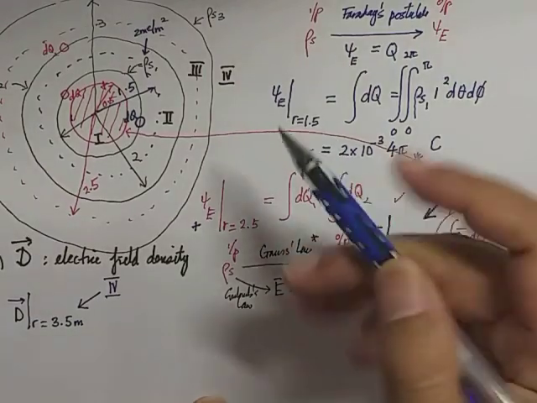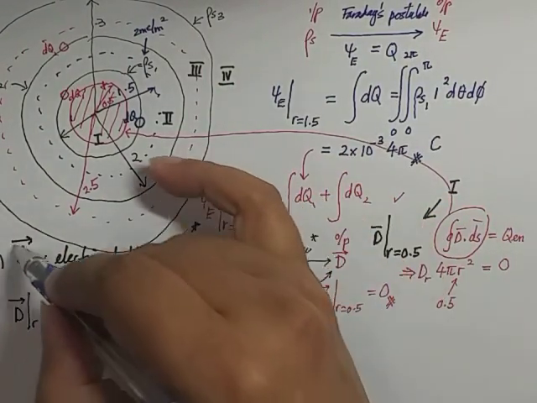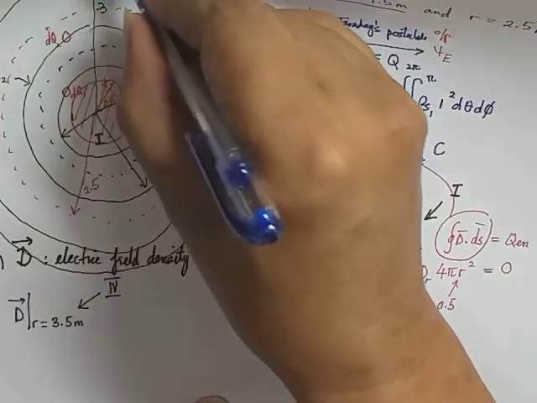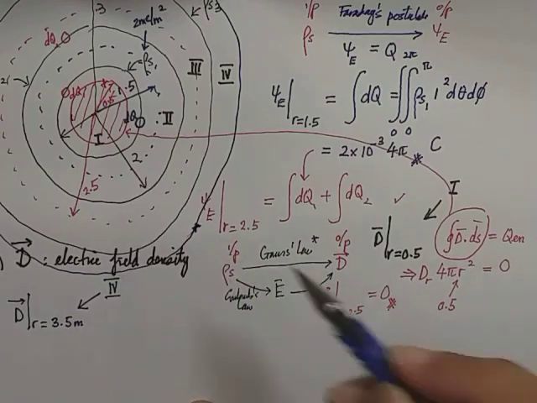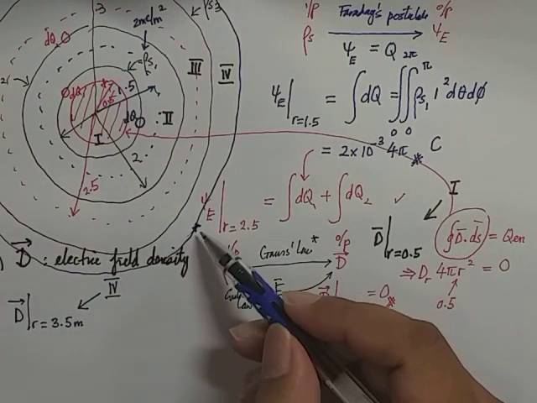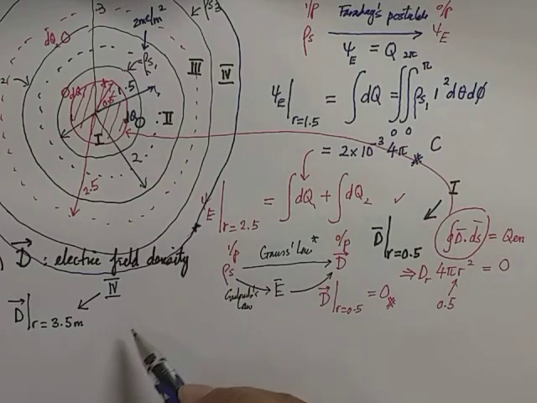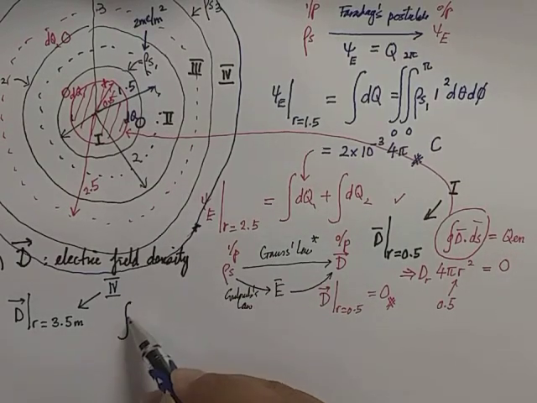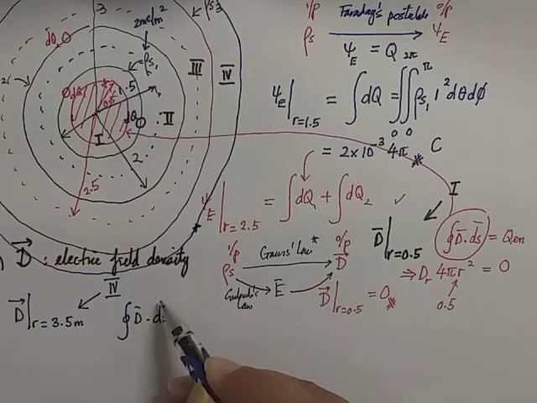So again, what we have to do as before, we're going to draw the Gaussian. Okay, and this Gaussian has radius 3.5, and then we have to solve the mathematics. What is it? Gauss law says D dot ds must be equal to Q enclosed.